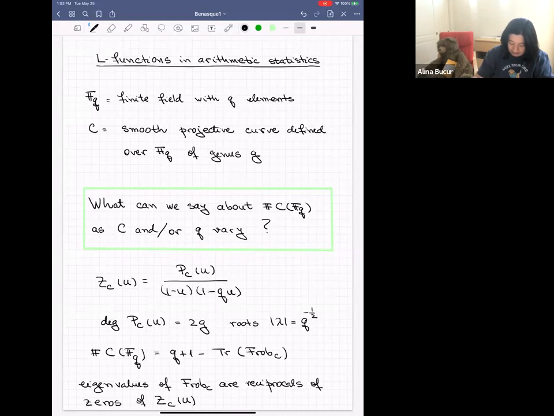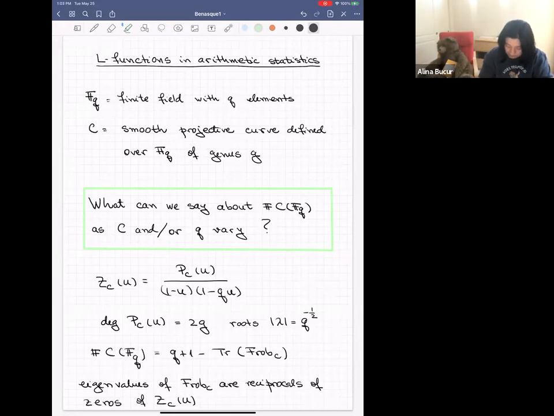Since it's a curve, it has a very simple denominator: (1 minus u) times (1 minus qu), if the curve is defined over F_q. And the numerator is a polynomial in u, of degree exactly twice the genus of the curve. The roots of this polynomial all have absolute value q to the minus a half, which is the equivalent of the Riemann hypothesis in this setting.